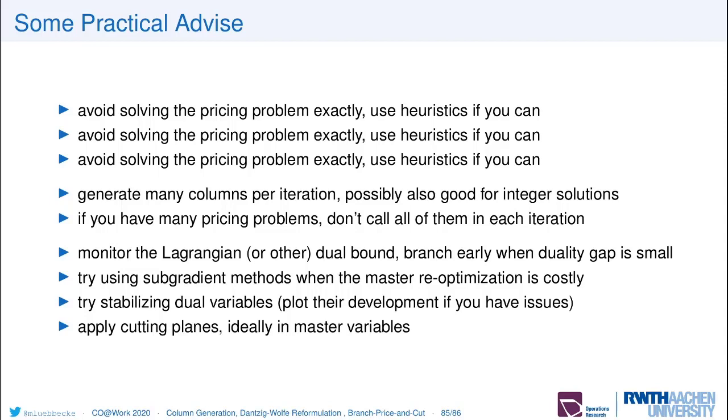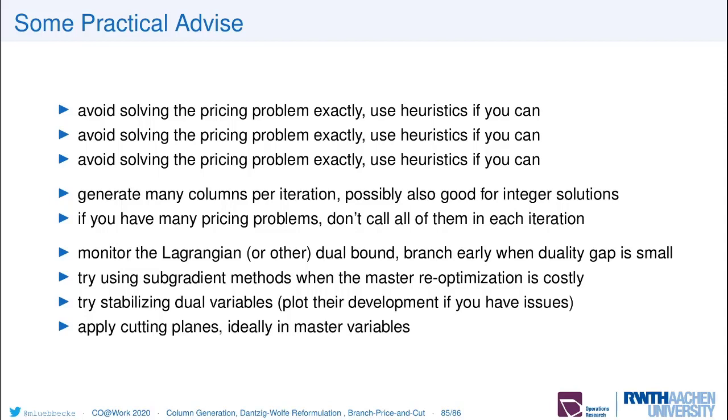So use a heuristic if you can. Try to generate more than one solution in the pricing problem if you can. However, you can generate columns cheaply that will always help you before you start solving the pricing problem exactly.